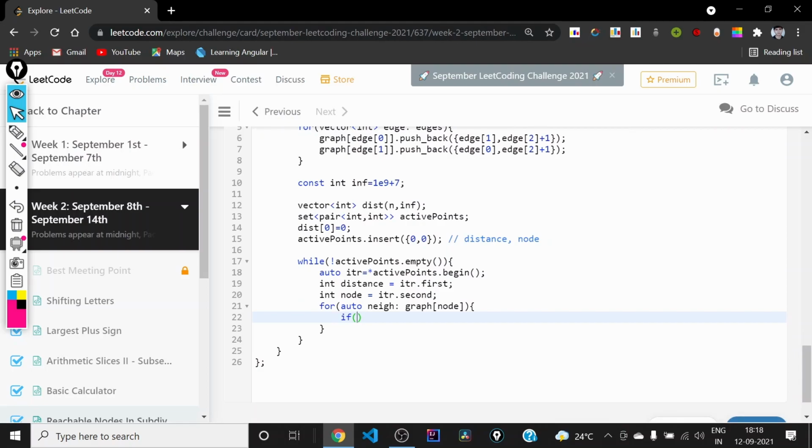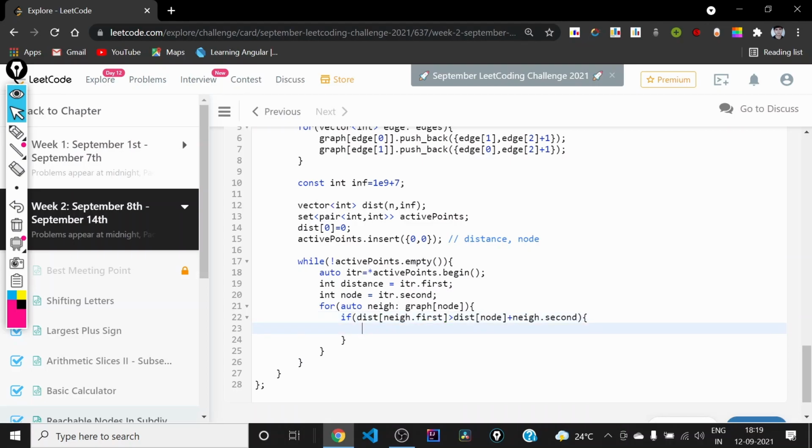We need to check whether the distance of neigh dot first is greater than the distance of node plus the cost of the edge between the neighboring node and our node, so it will be neigh dot second. In case this quantity is less, then we will be updating the distance of this adjacent node.